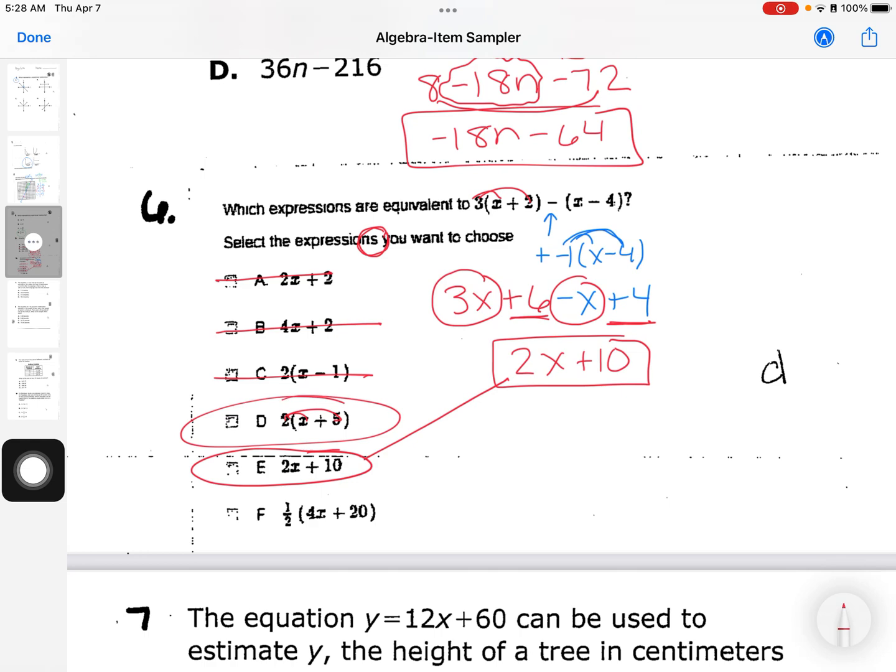Well, yep, that'd be the same. This one, what am I distributing? I'm distributing a half. So the question is, what is half of 4? That's 2. So it'd be 2x. And what's half of 20? That's 10. So all three of those would be an expression that matches the simplified expression that we began with.